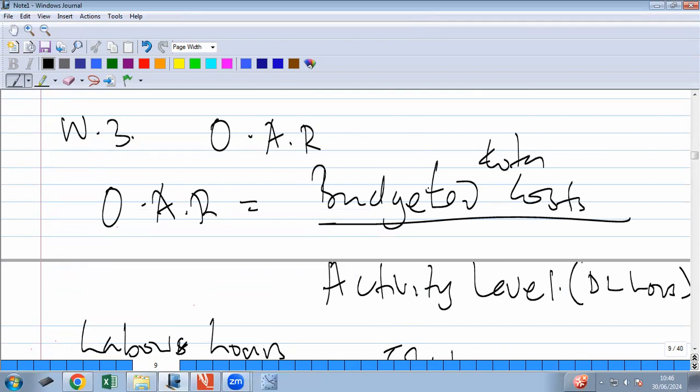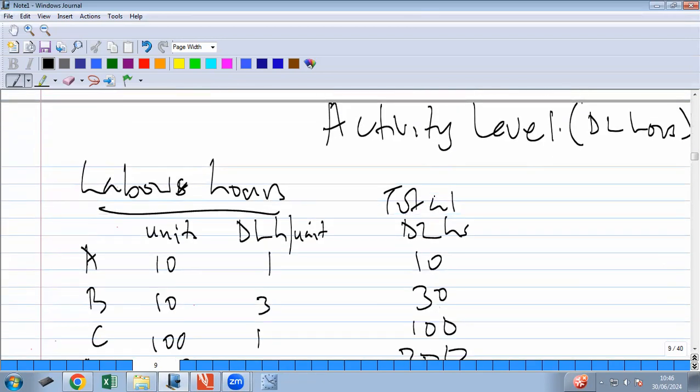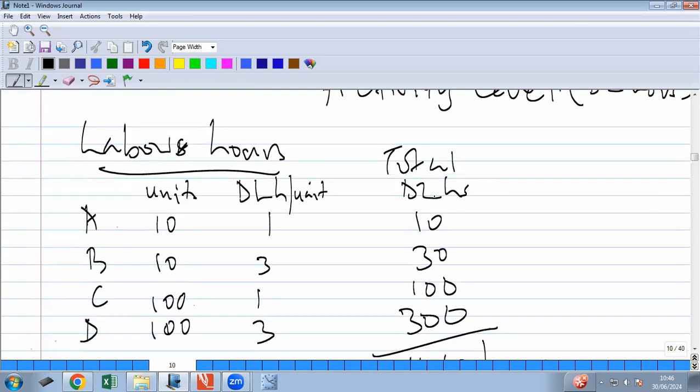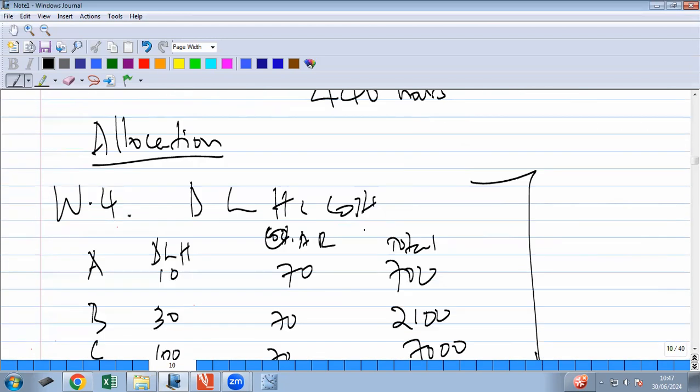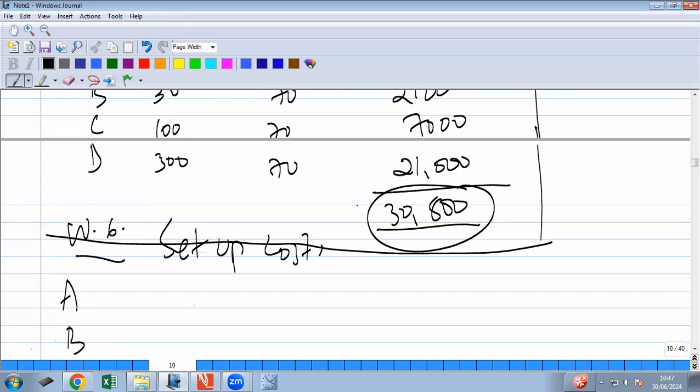So the setup costs, scheduling and material handling will go to ABC. If I compute them under here, I will be wasting time. Yeah, that is wasting a lot of time. Okay then, thank you. So I can remove this.